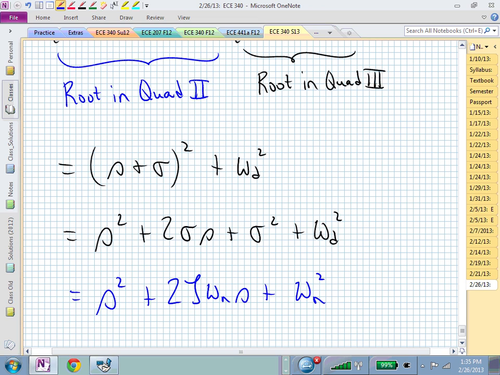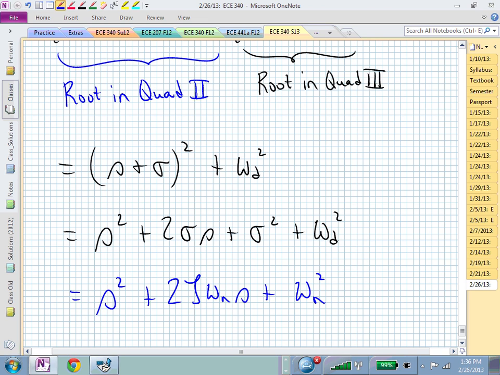And this is now how you can relate those two factorization forms of a complex factor, if somebody says the natural frequency and zeta, or if they say the real part sigma and the imaginary part, the damped frequency omega sub d, you now know how they're related.